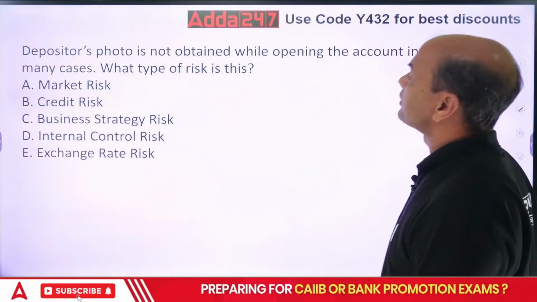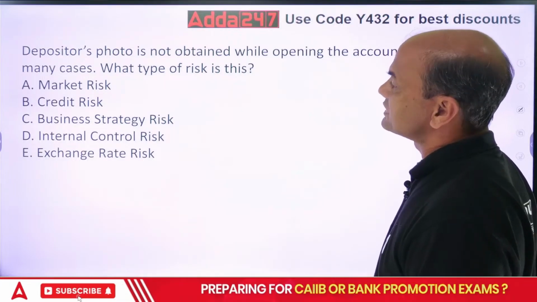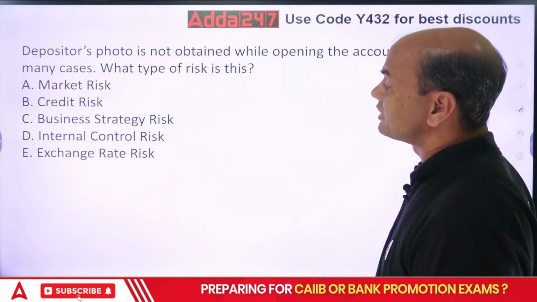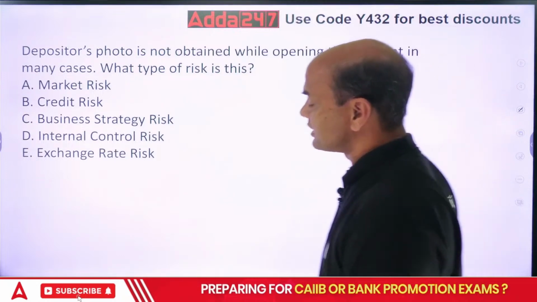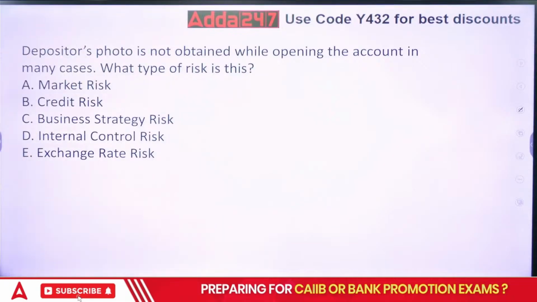Depositor's photo is not obtained while opening the account in many cases. What type of risk is this? Market risk, credit risk, business strategy risk, internal control risk, exchange rate risk. Very simple question, but very basic also, and required also.